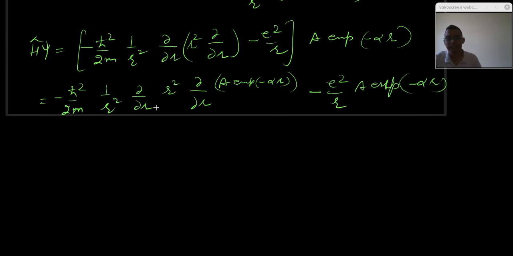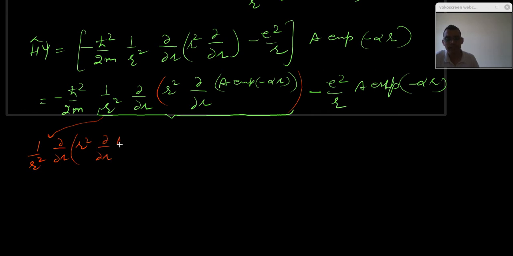So let me try to simplify this part. It can be written as 1 over r square ∂/∂r of r square ∂/∂r of A exponential of minus alpha r.